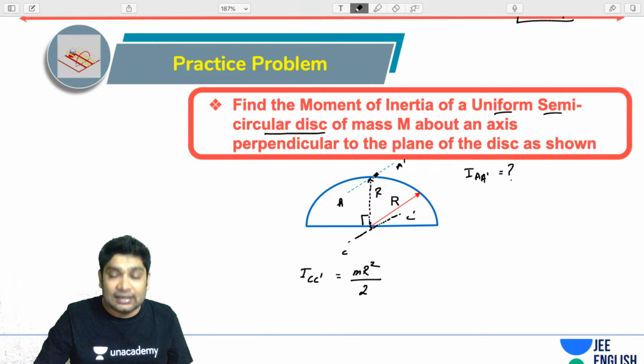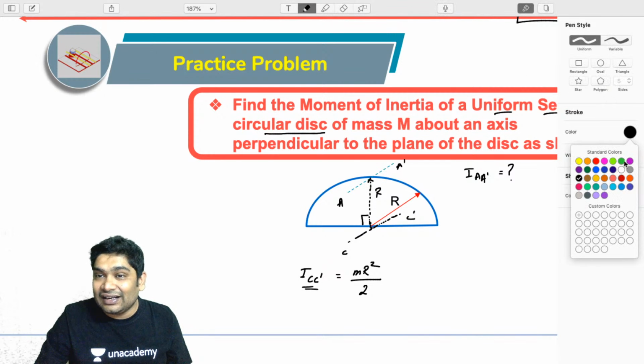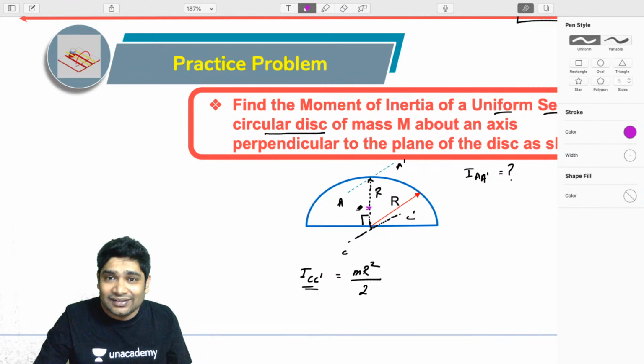Now, the most common mistake that students make is that they apply the parallel axis theorem directly between this axis and this axis. That you cannot do. Why? Because this is not the axis passing through the CM. For a semicircular disk, the CM does not lie here. It lies somewhere here at a distance of 4r over 3 pi.